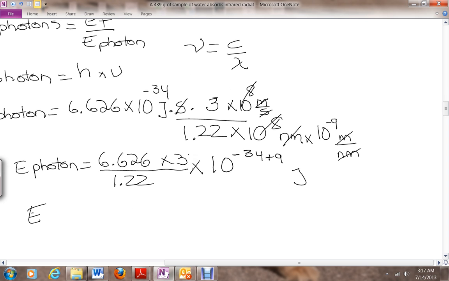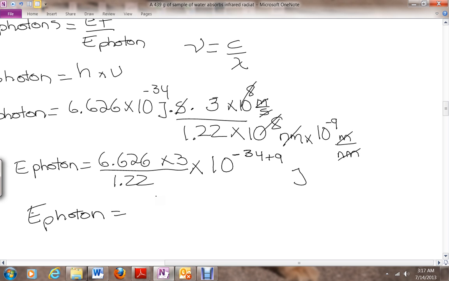I solved the digit part, this by 3 divided by 1 point. And this is minus 34 here. This and this cancel out. And we got left minus 9, which is going to be a positive on top.